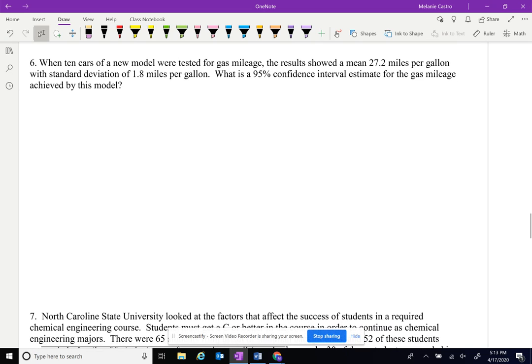Number 6, when 10 cars of a new model were tested for gas mileage, the results showed a mean of 72.2 miles per gallon and a standard deviation of 1.8 miles per gallon. What is a 95% confidence interval estimate for the gas mileage achieved by this model? So defining our parameter, let's see if you can figure out what that is.